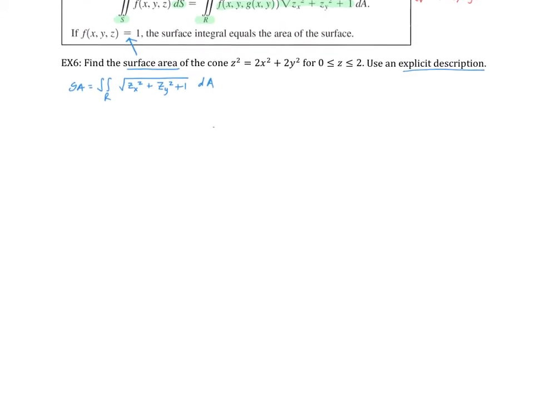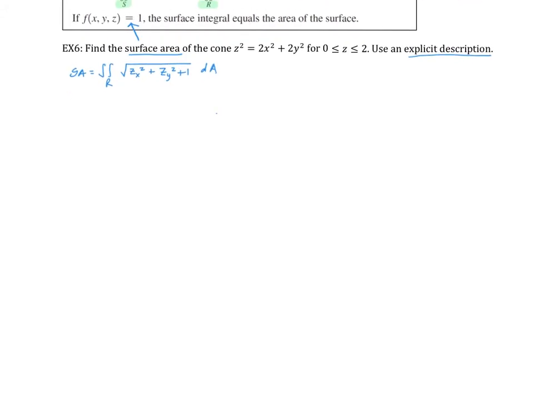So that's what I need to figure out. How do I do the partial derivatives? Well, you can solve it for z, but you'll get a plus minus with the square root. So instead, I'm going to use implicit differentiation. Remember with implicit differentiation, we take all the derivatives as it's written.